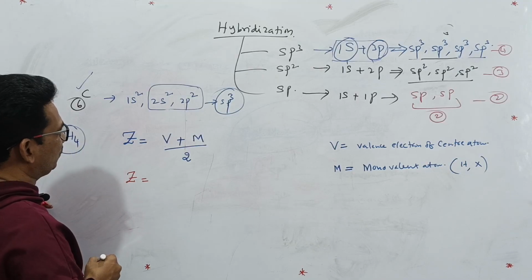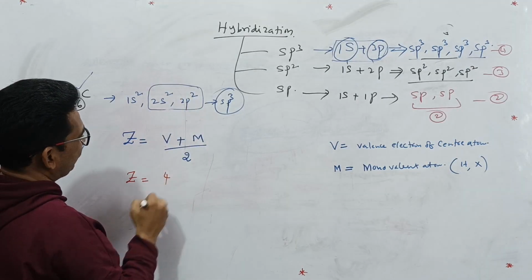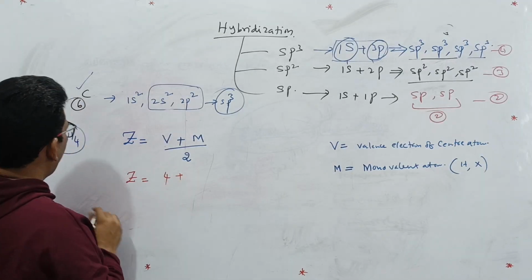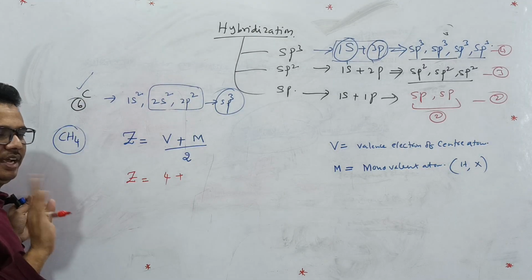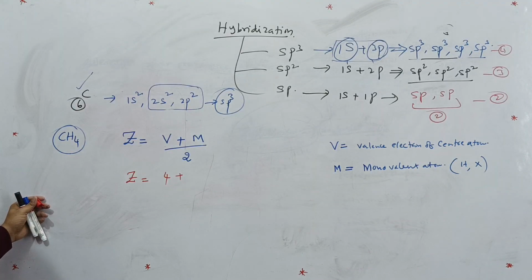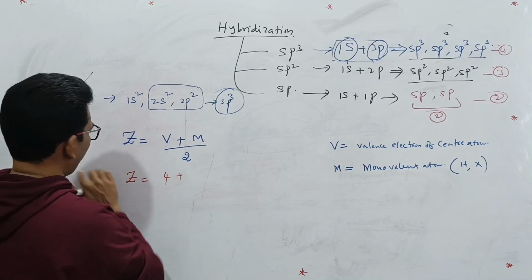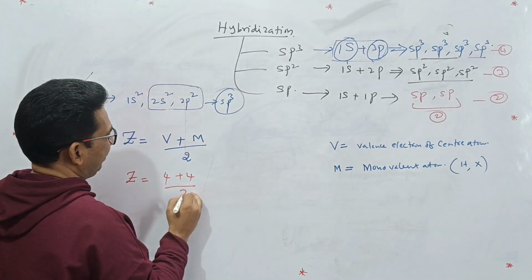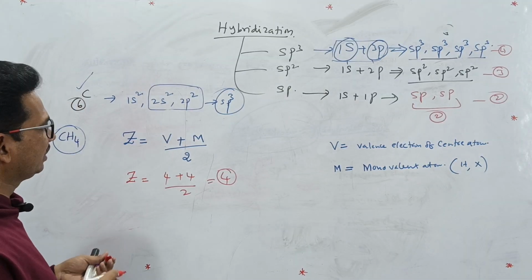Z is equal to valence electrons 4 in the outer shell, plus how many monovalent atoms are attached here? 4 hydrogens. Monovalent means, as I told, hydrogens or halogens. Total 4. 4 plus 4, divided by 2, is equal to 4. It means what?